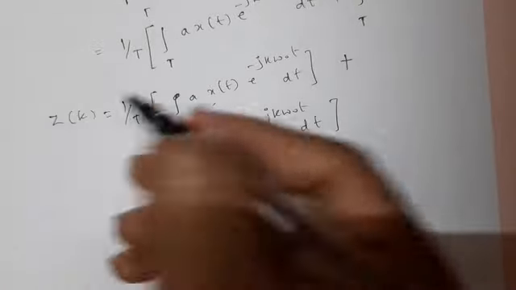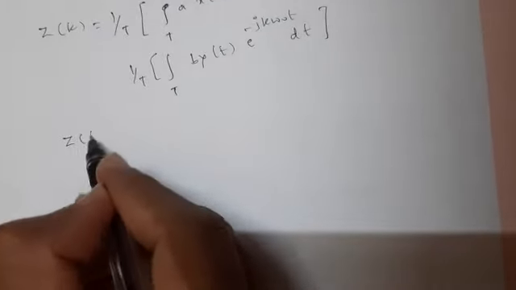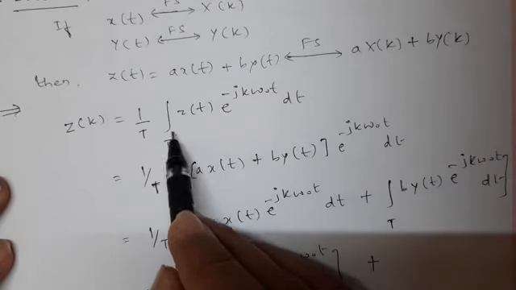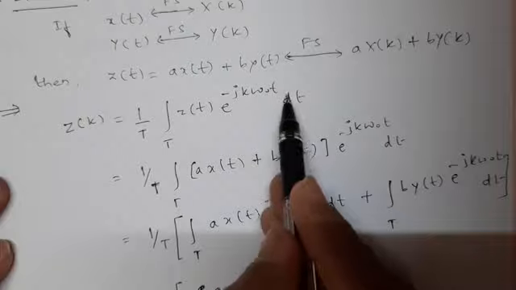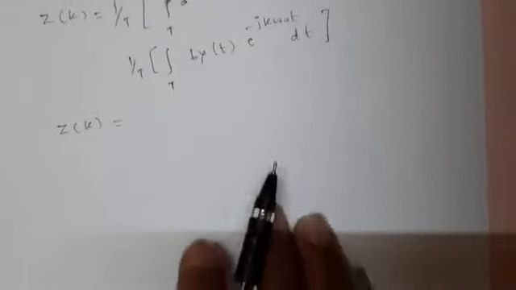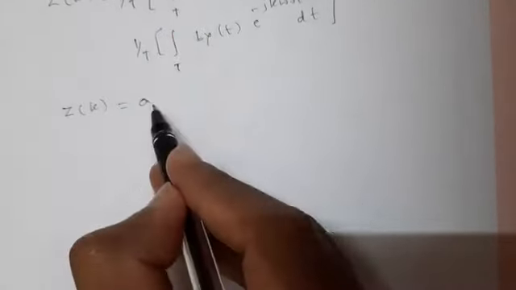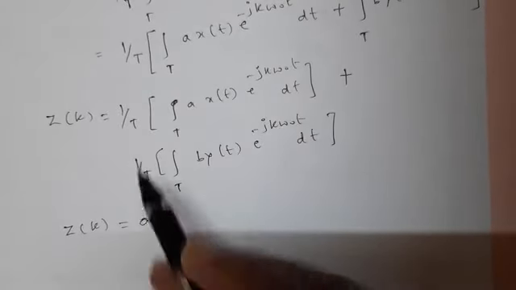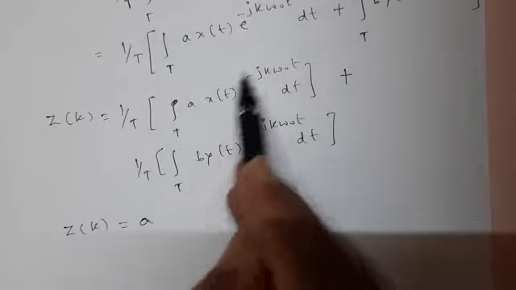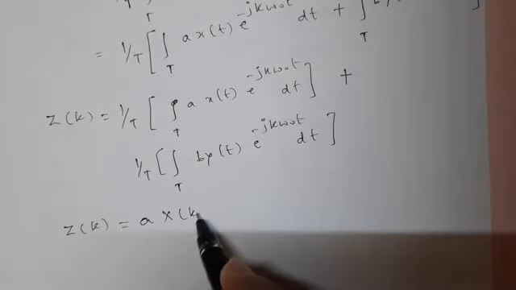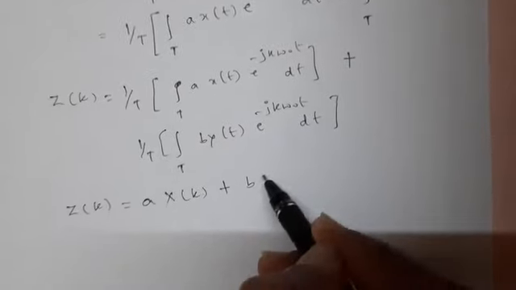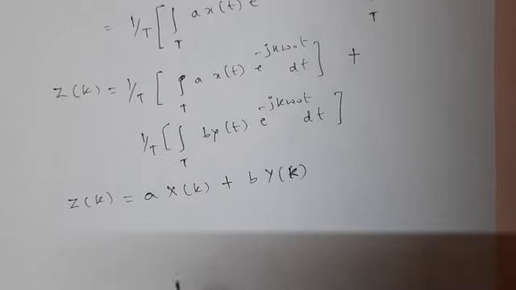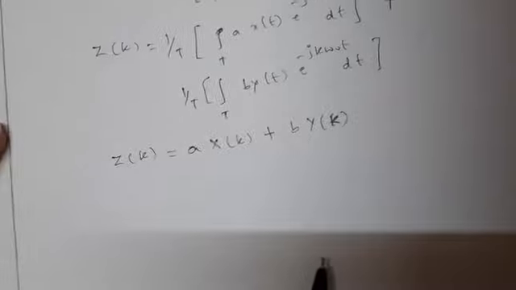This is your z of k equation. Z of k is 1 by T integration over T z of t e to the minus j k omega naught t. Similarly, I will take out a here, and 1 by T integration over T of this is X of k, plus b Y of k. So this is the linearity property.